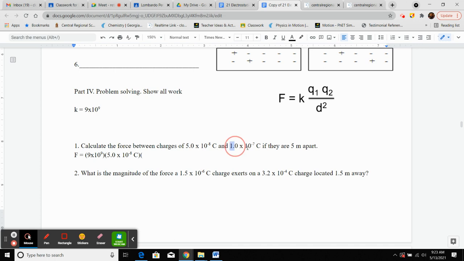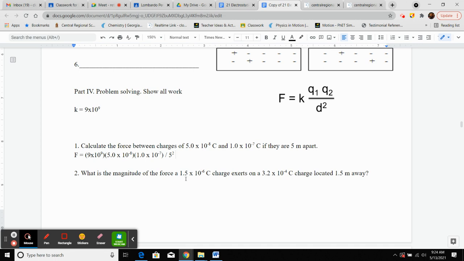Times. Could I just write it out? I could, but I'm being lazy. And I'm going to get rid of the C because that's just easier. And what am I going to do? I divide by the distance squared. And the distance here is 5, so it's 5 squared.